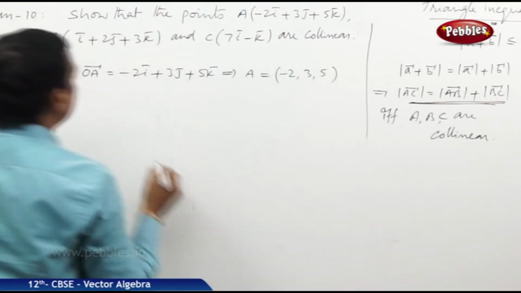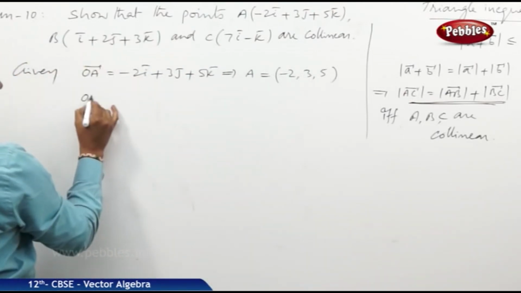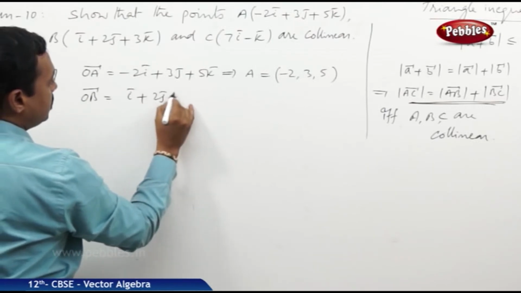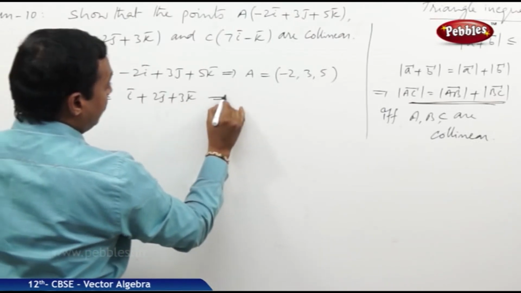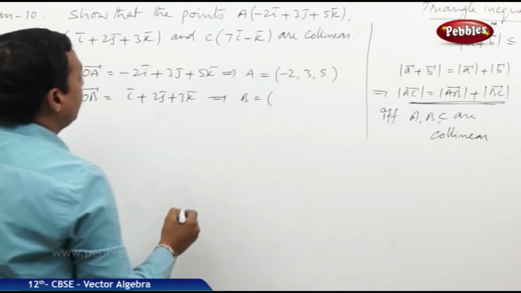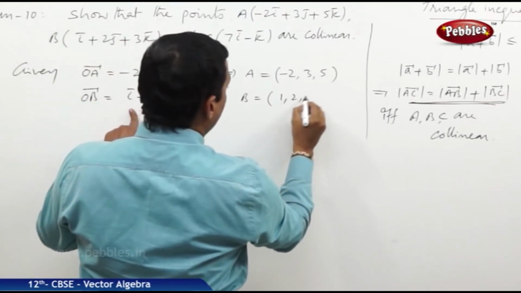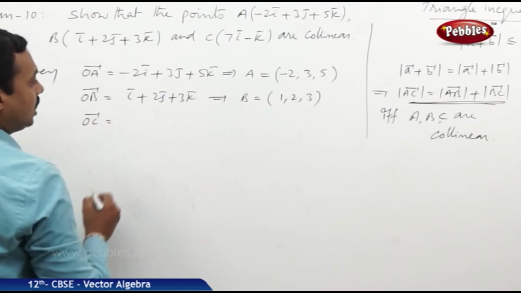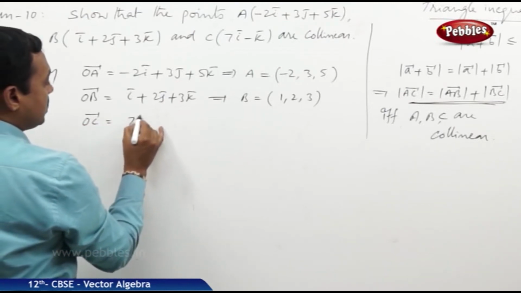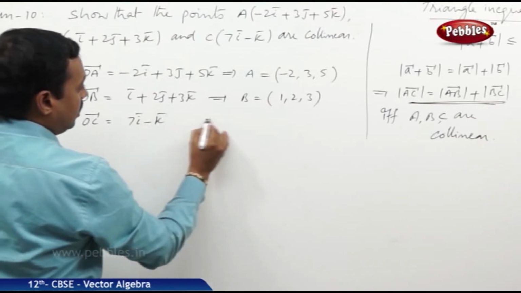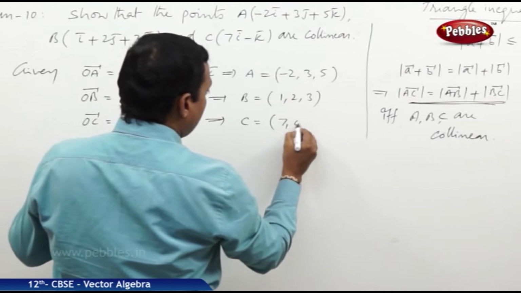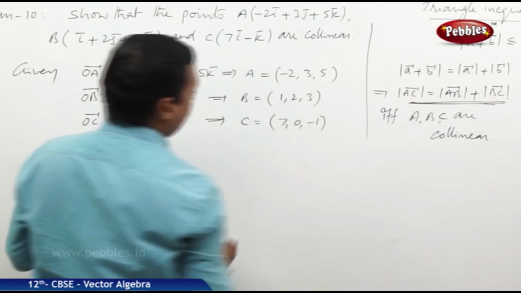Next, the position vector of B, OB bar, is given as i plus 2j plus 3k. From this the B point is 1, 2, 3. The position vector OC is given as 7i minus k. This implies that the point C is 7, 0, minus 1.